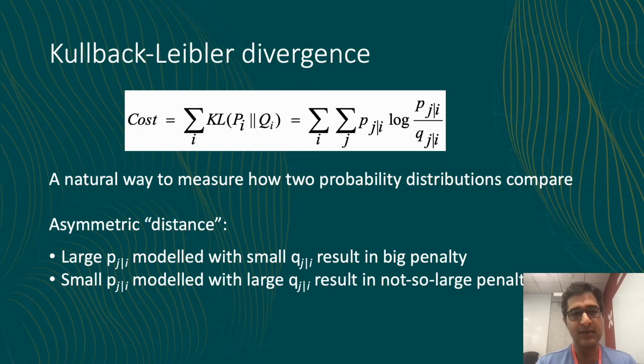This asymmetric distance allows us to model that a large probability in P modeled with a small probability in Q results in a big penalty, and vice versa, a small probability in P modeled with a large probability in Q would not result in such a large penalty.